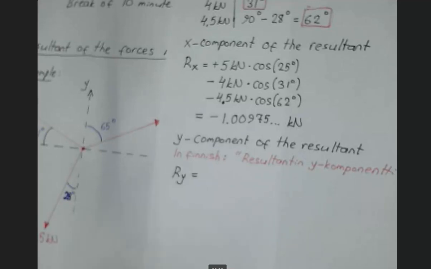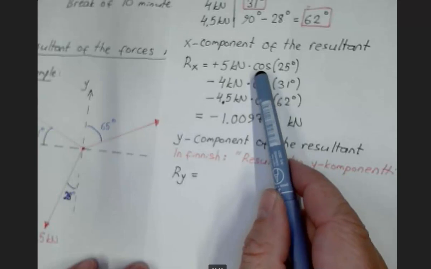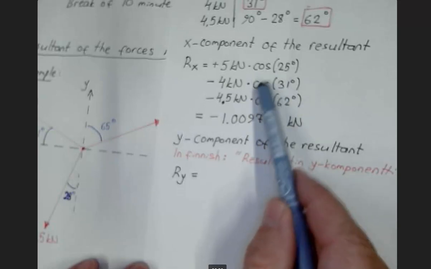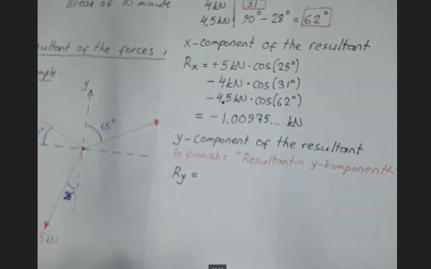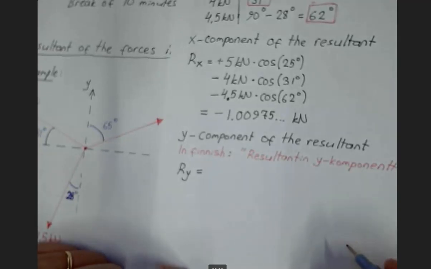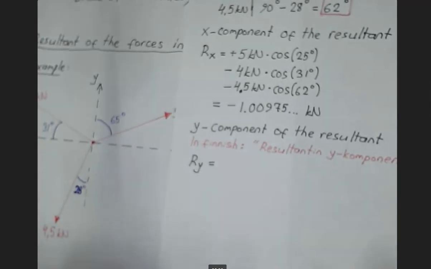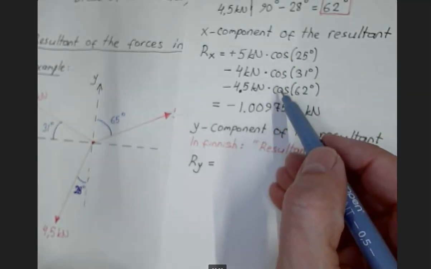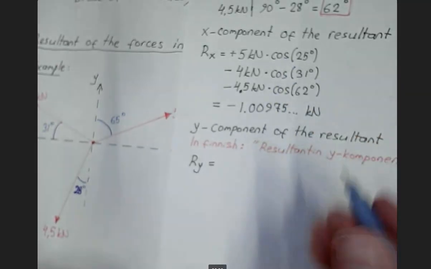The only difference is that we don't use cosine but sine. So this method is very easy. We only need to check the signs, and then change cosine to sine.